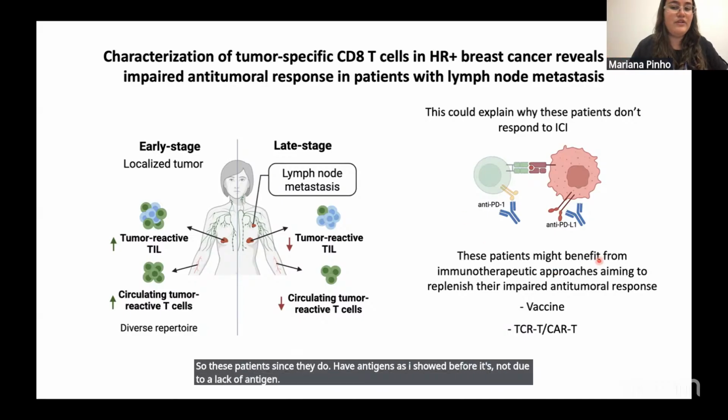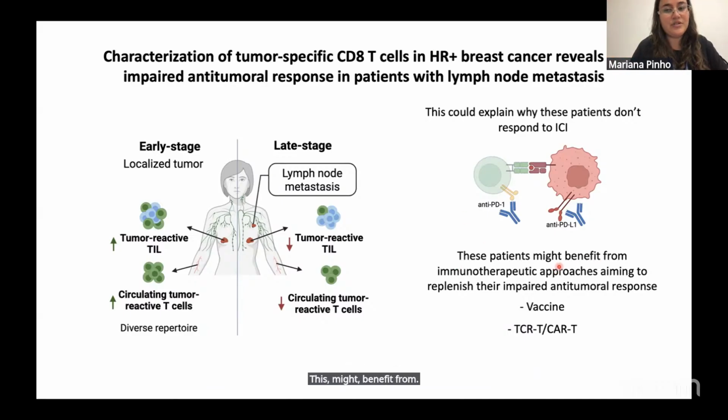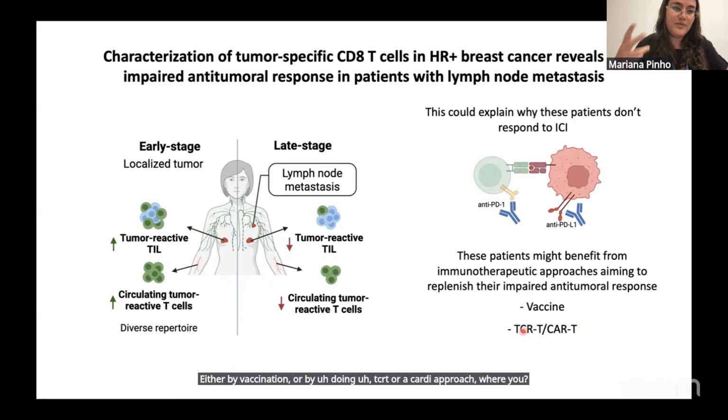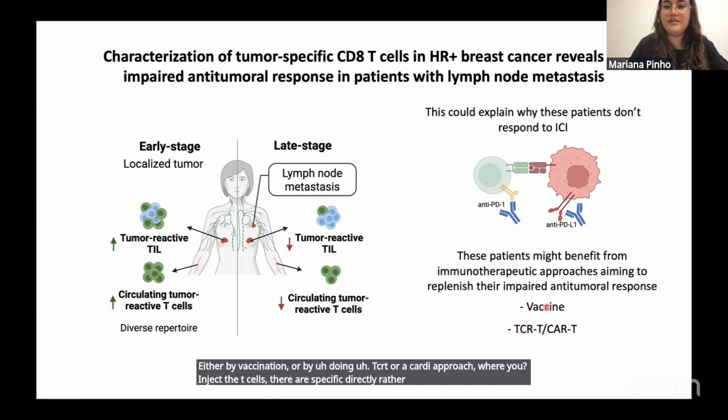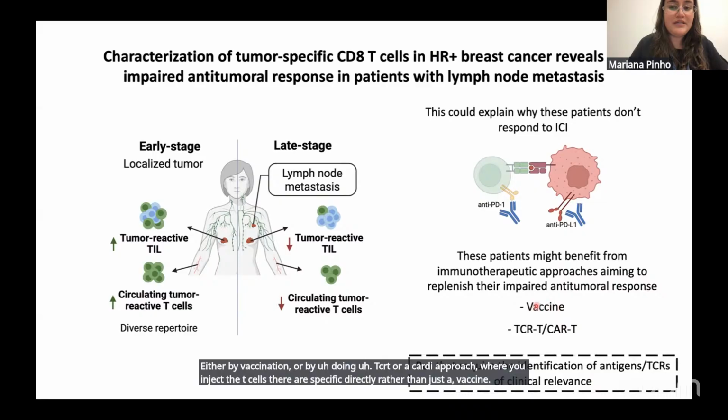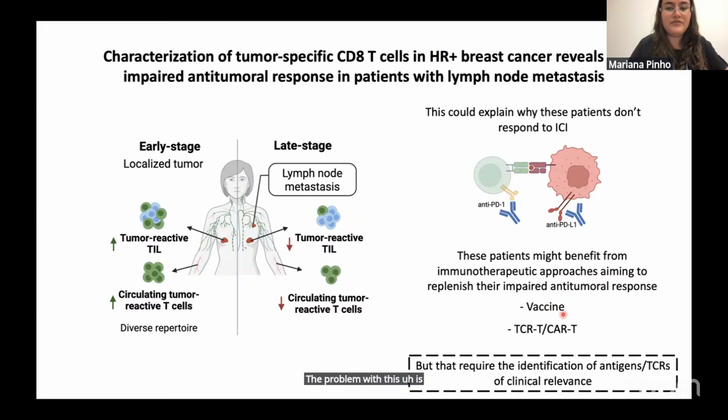These might benefit from immunotherapeutic approaches that aim to replenish this response that they are lacking, either by vaccination or by doing a TCR-T or a CAR-T approach, where you inject the T cells that are specific directly rather than just a vaccine.